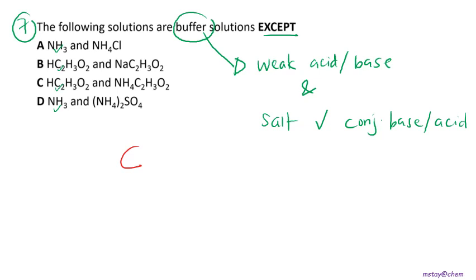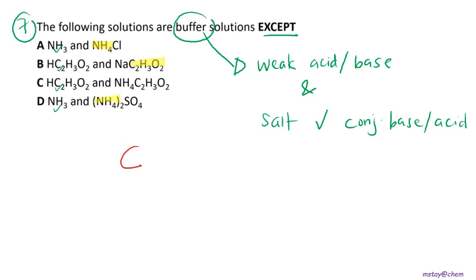Then for the second part, we can notice that NH4 plus is the conjugate of NH3, and C2H3O2 also the conjugate, and this one NH4 plus again is the conjugate.